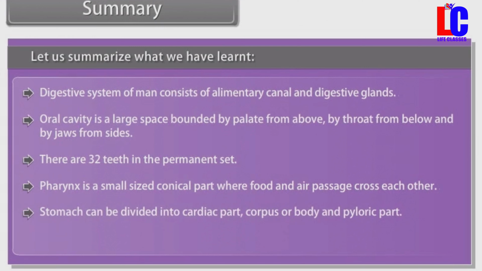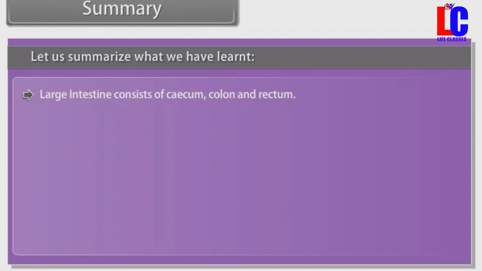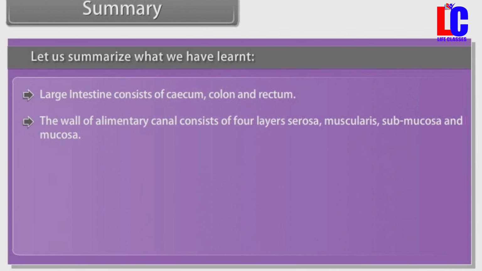Stomach can be divided into the cardiac part, corpus or body, and pyloric part. Small intestine consists of duodenum, jejunum, and ileum. Large intestine consists of caecum, colon, and rectum. The wall of the alimentary canal consists of 4 layers: serosa, muscularis, submucosa, and mucosa.